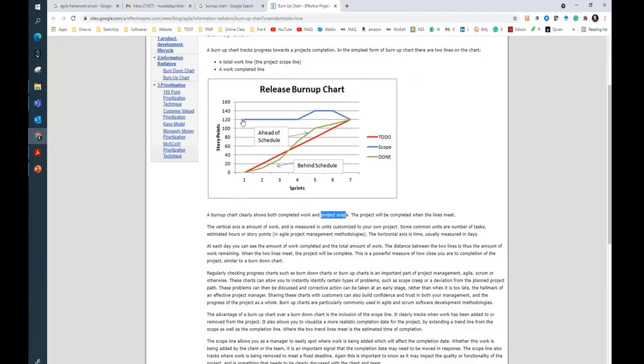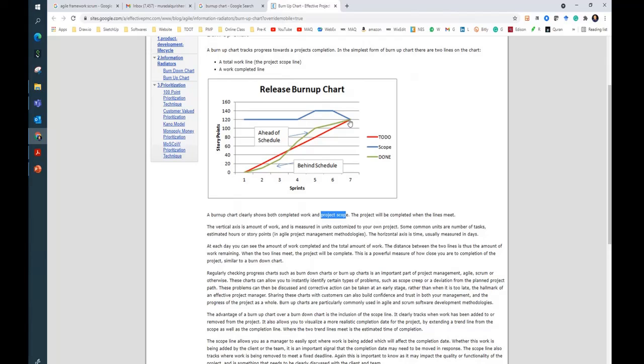This is the project scope in here, and these are the done things, and this is what needs to be done. So to do means you know the project scope, and you are thinking that if we go in a straight line like that, then we can meet in here.